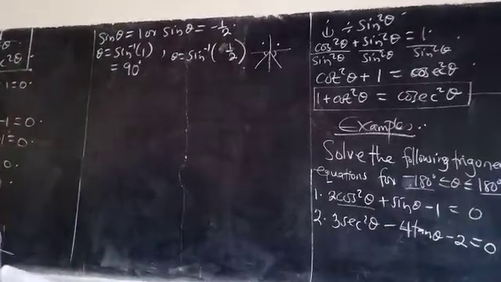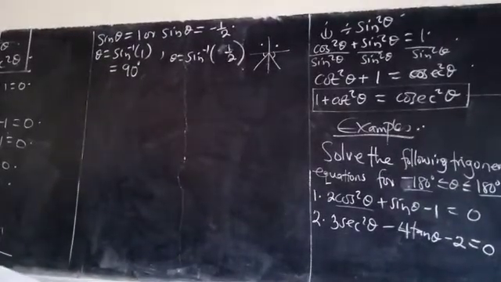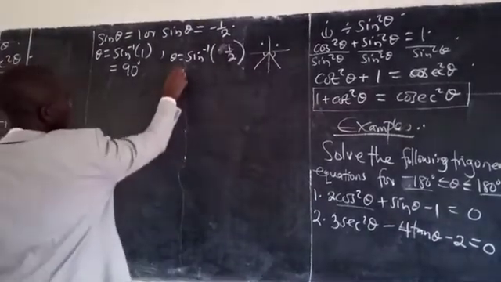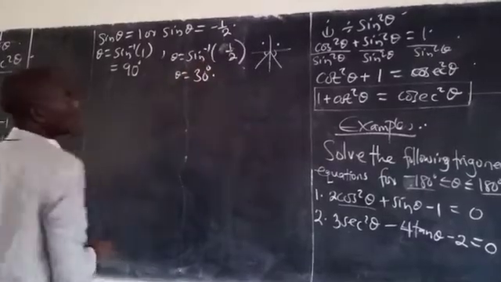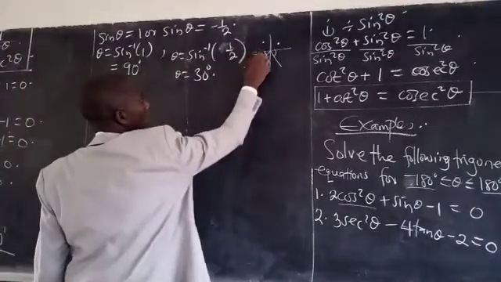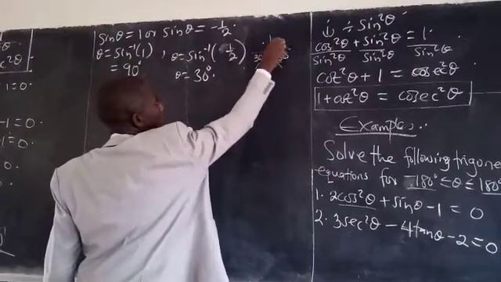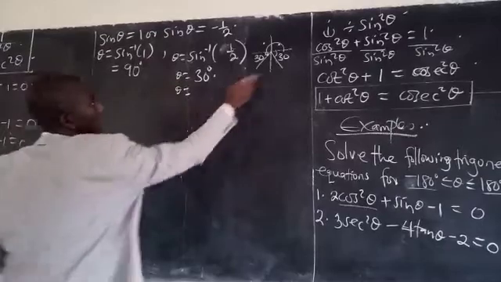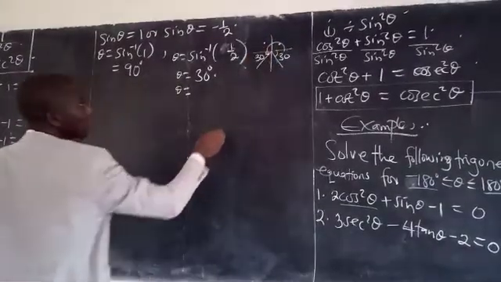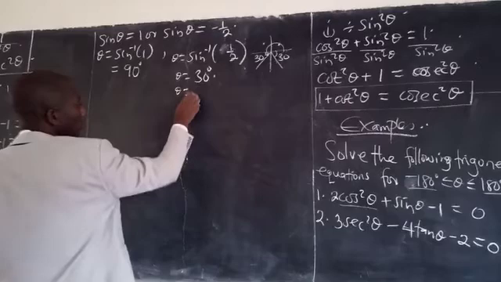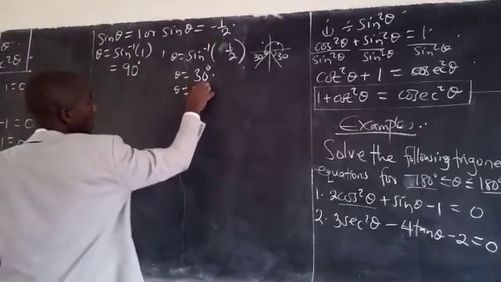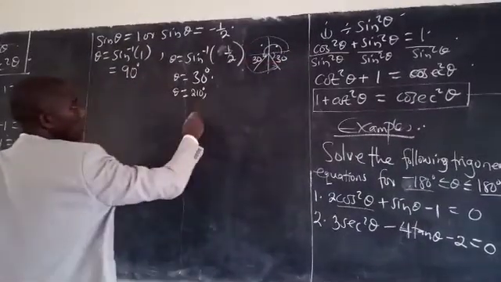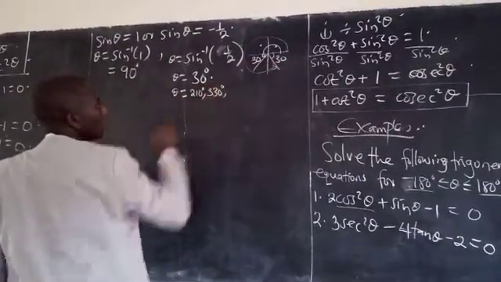The sine inverse of a half is 30 degrees. But in which quadrants? It is this one and this one. Meaning for this one, our theta will be from here to here, 180 plus 30, which becomes 210 degrees. Then if you also do that one, it will be 330 degrees.